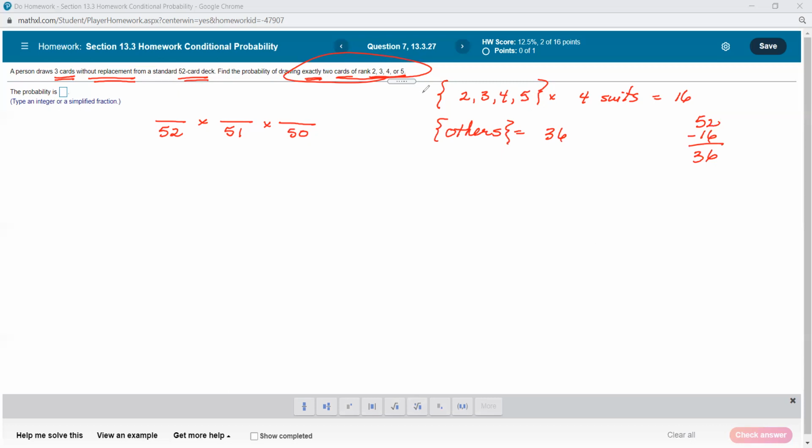So if we call this A and we call this B, then we could draw an A and an A and then a B and have, out of 3 draws, 2 of these cards.